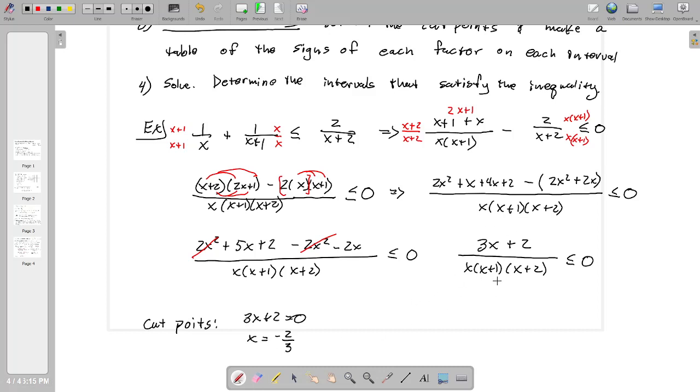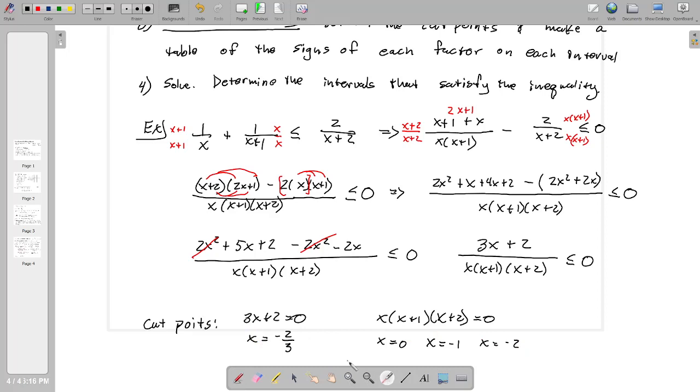And then we look for the values making the denominator equal to 0. So we would have x times x plus 1 times x plus 2 is equal to 0, and we would have x is equal to 0, x is equal to negative 1, and x is equal to negative 2. These are all really close together. So these are my 4 cut points.